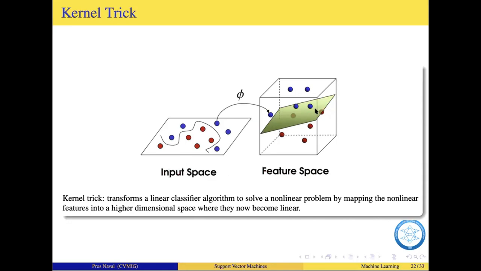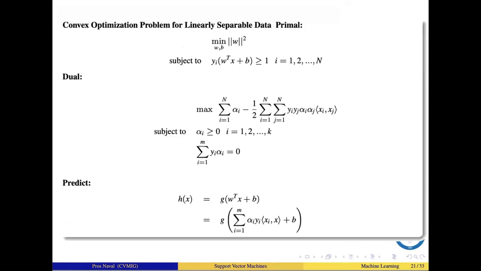Suddenly your problem becomes linearly separable. And when you have a linearly separable problem, you can now use this, because it's true for linearly separable. So what you need to do is just use the kernel trick.